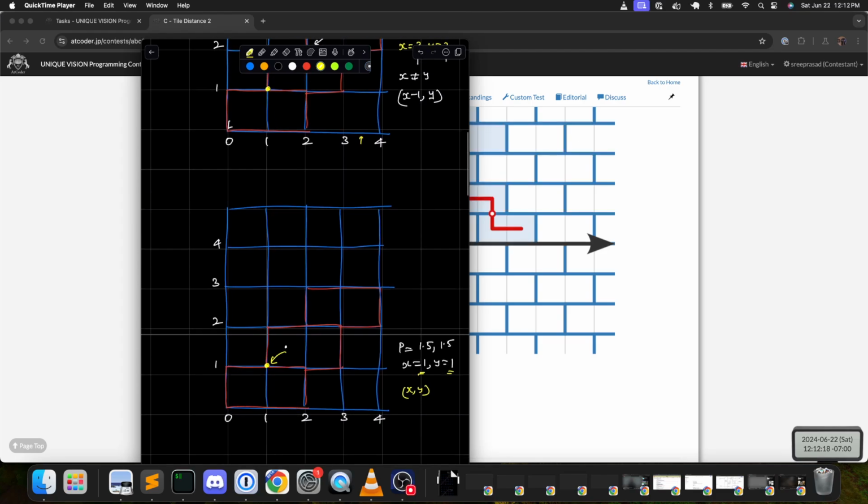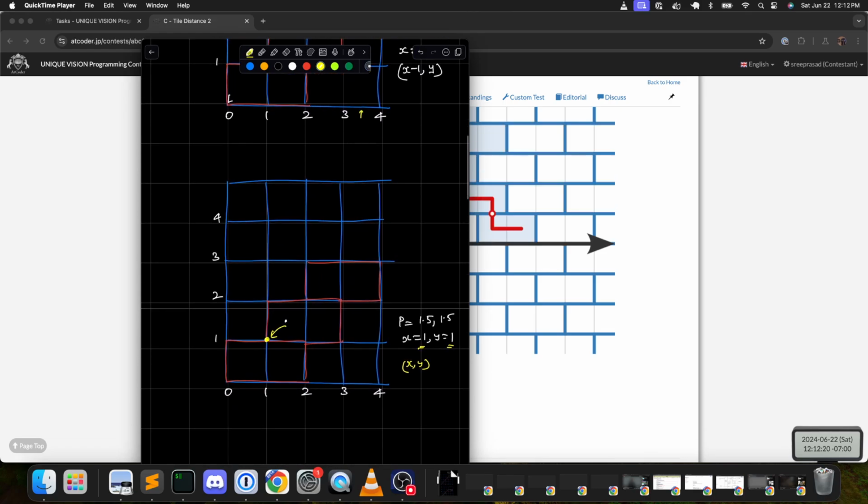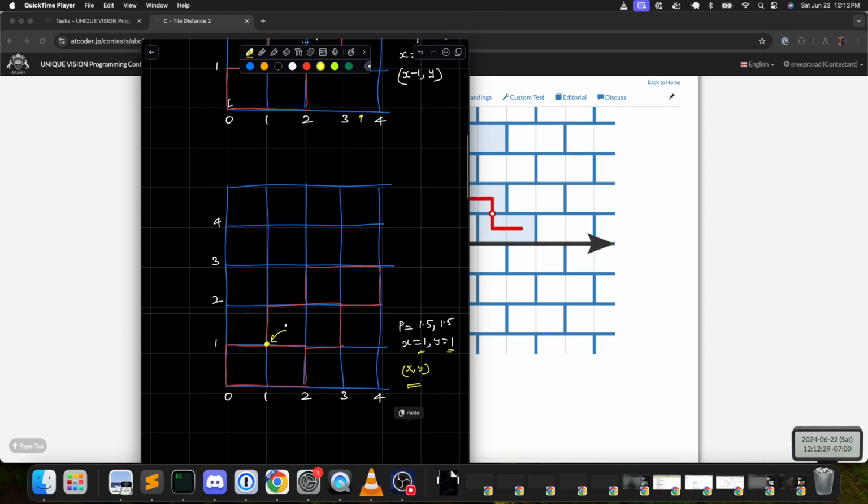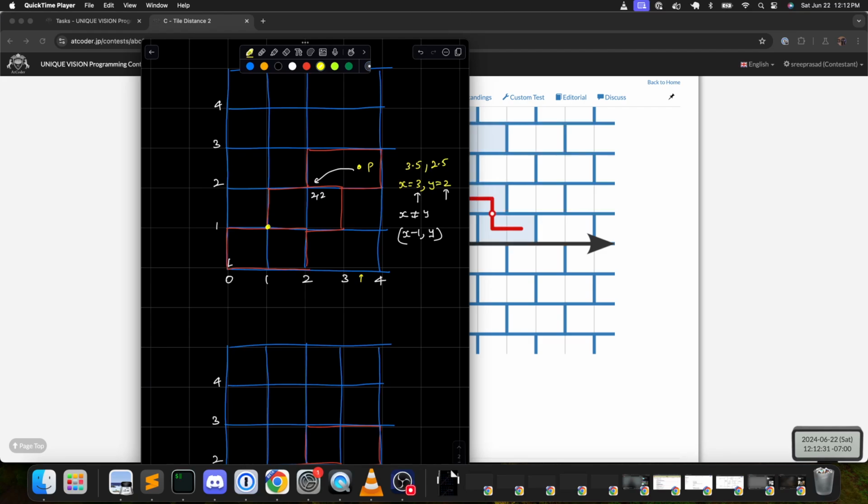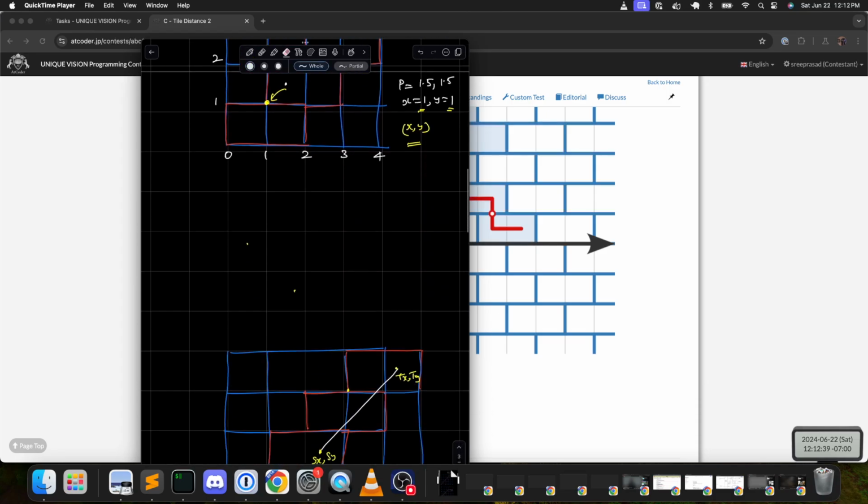That's a simple criterion to know. If x and y have the same parity, then the point P lies on the brick at x, y. If x and y have different parity, then the brick starts at position x minus 1, y. That's it.